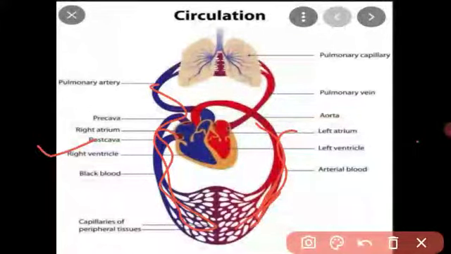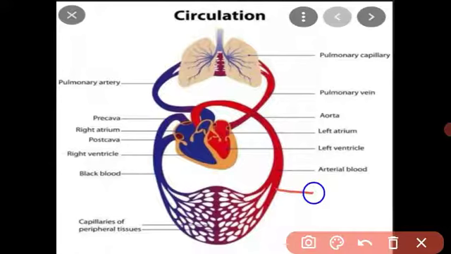It is only given for identification. When the blood is present in the arteries, the blood is a bright red color. Got it? And when the blood is present in the vein, it is dark red color. In your textbook, the blue color is given only for your identification.